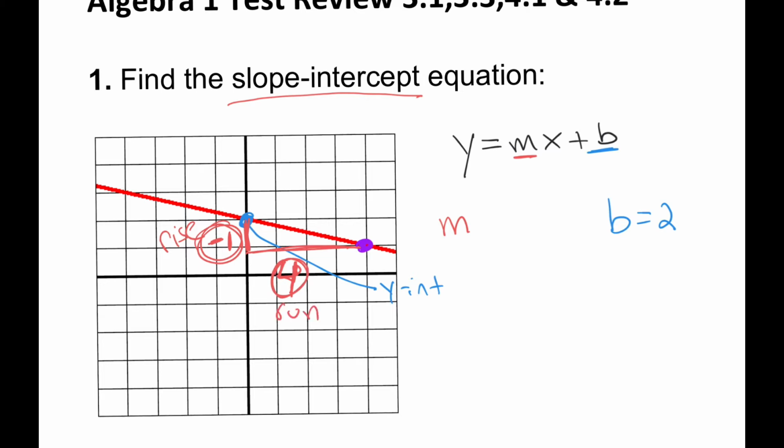So the way you guys write your slope will be rise over run. So now I can set up my m value, which is -1 over 4. So when you guys put that together in the slope-intercept form, you start with the y equals, the slope is -1 over 4 x, and the y-intercept is positive 2.